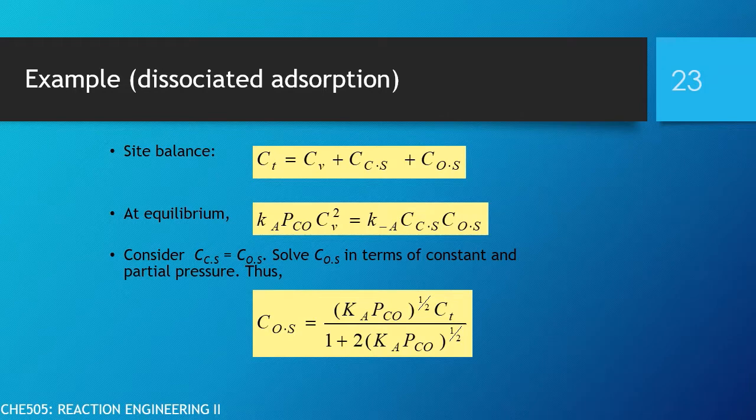So when r_AD equals 0, rearrange the equation and we will get this equation. Then consider, this is just for example, that the concentration of C·S and the concentration of O·S are equal to each other. Then solve it, and you will get the adsorption isotherm of oxygen attached to the active site, C_O·S, equal to this equation.